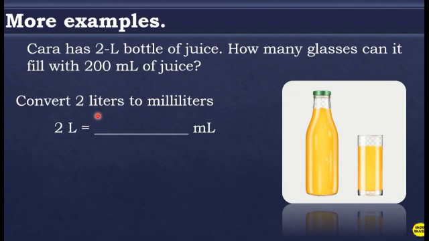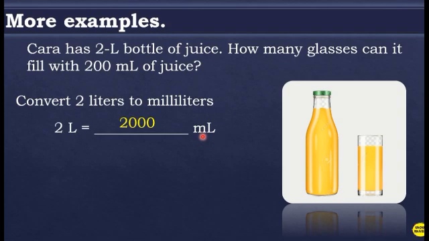From liters to milliliters, three moves going to the right, because liter is in the middle. It passes deci, centi, before milli. So three moves to the right. Therefore, that is 2,000. Why? Because from here, three moves, 1, 2, 3. Therefore, 2 liters is equivalent to 2,000 milliliters. Okay.